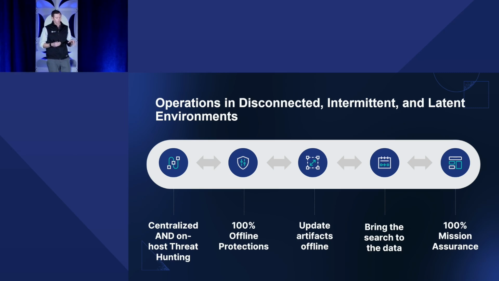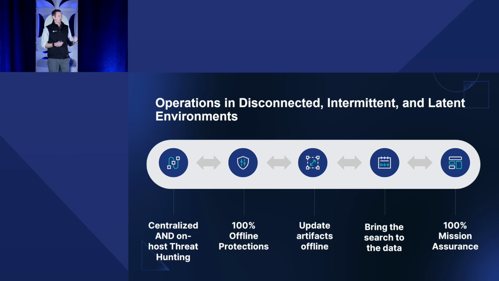So you're able to run your threat hunts, find detections, even if that endpoint goes away for weeks, months, years, and never comes back, because all that data is centralized and stored within Elastic, and you can enjoy all the speed and scale that Elastic has to offer.